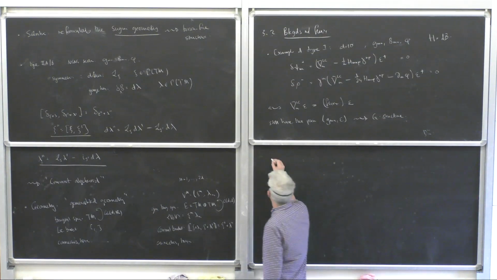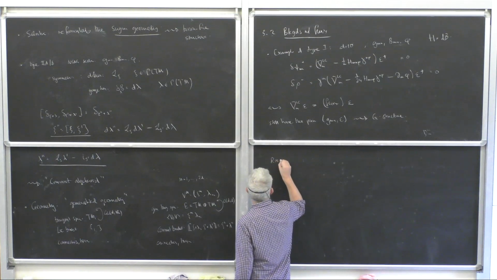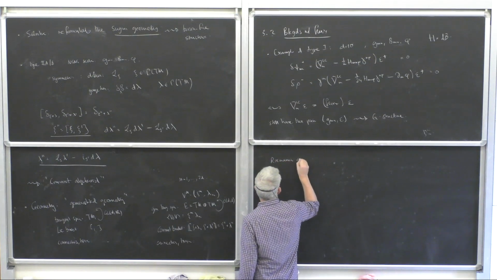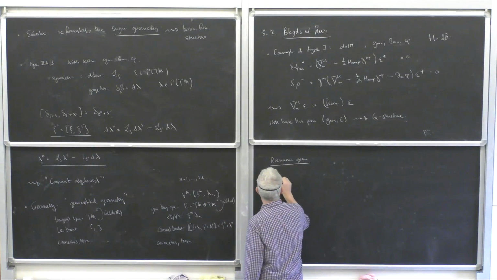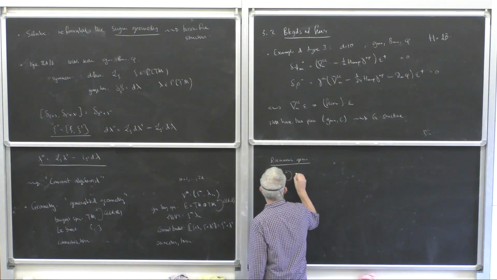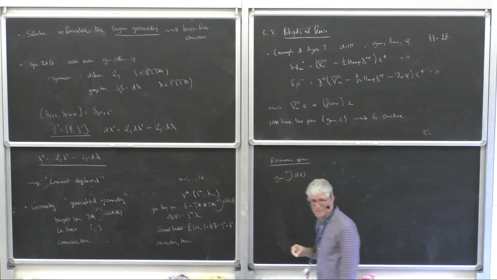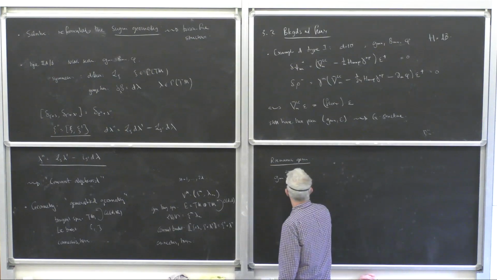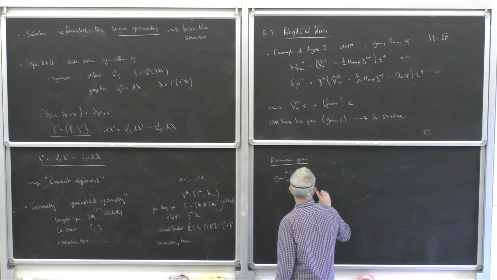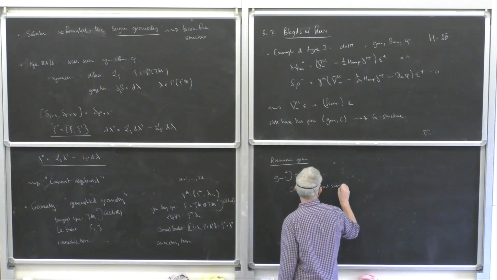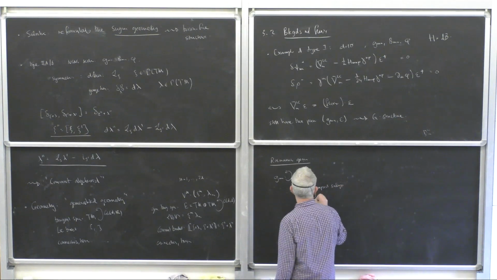So if we did Riemannian geometry, we would take a metric, and this would be invariant under O(D). And O(D) is the maximally compact subgroup of GL(D).